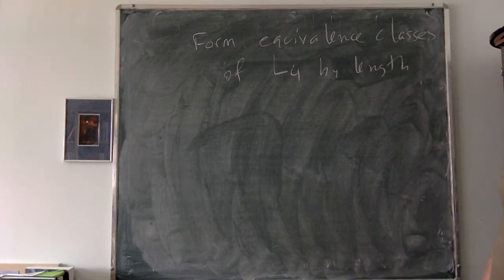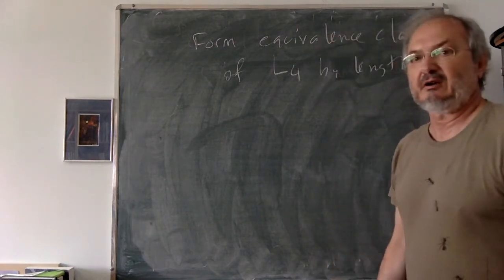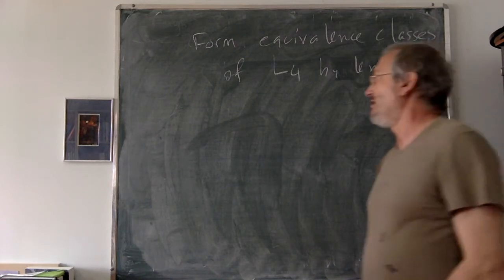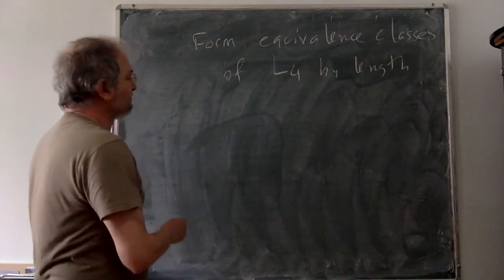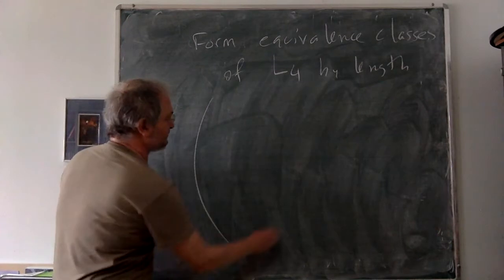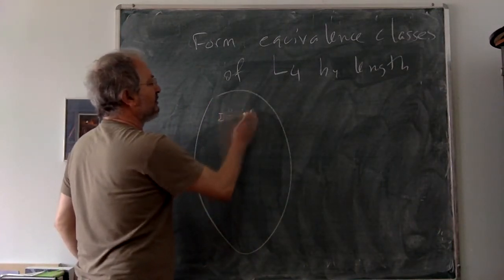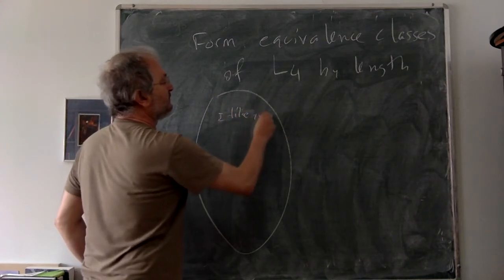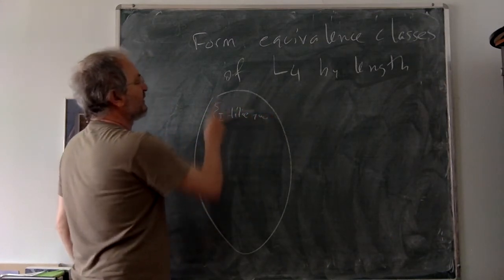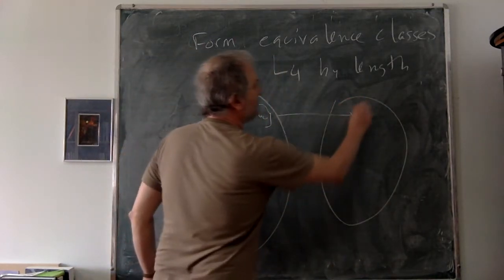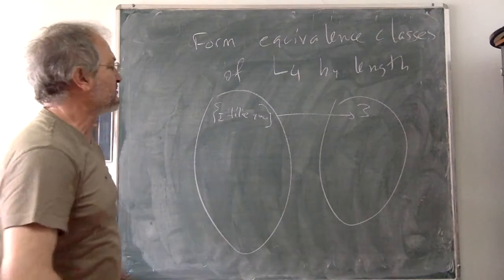Now, if you form the equivalence classes of L4 by length, then "I think I like you" and "you think I like you" will be in the same equivalence class of having the size 5. Okay? So you can think of it like this. Here is the "I like you" example, as one set, and I'm going to map this to 3 because it's got 3 elements in it.